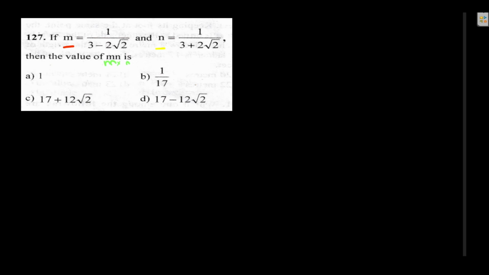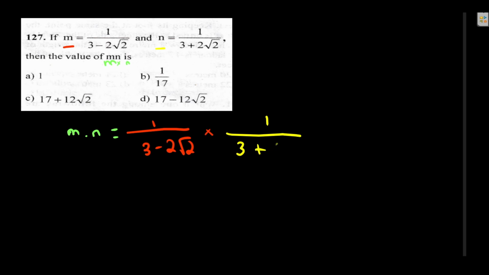Well, first, I will try to multiply them directly, that is m times n. So if I do that, m is 1 divided by 3 minus 2 root 2, times n, which is 1 divided by 3 plus 2 root 2.